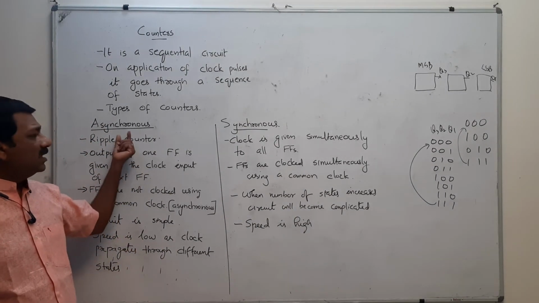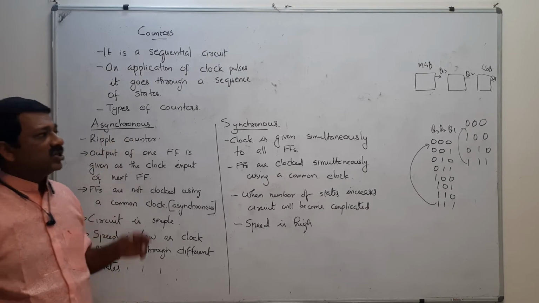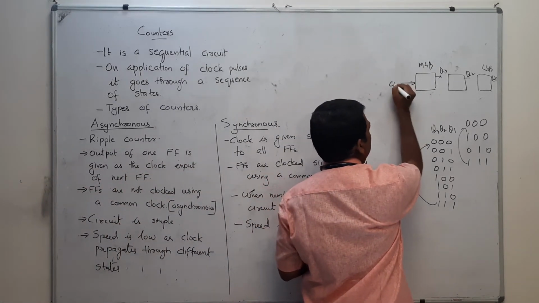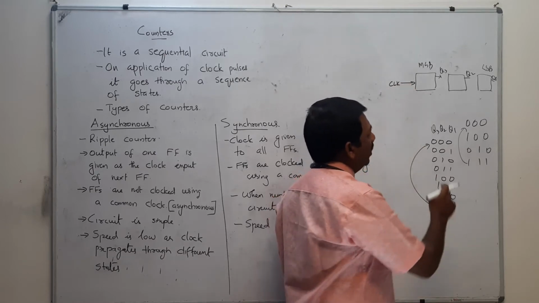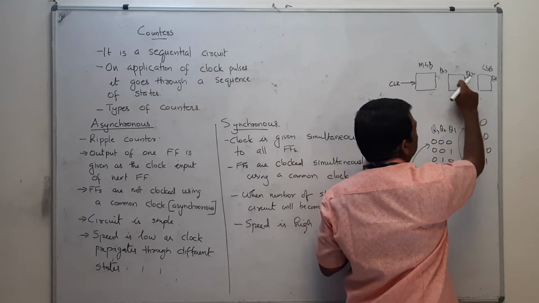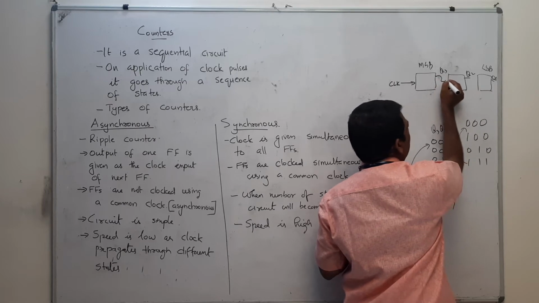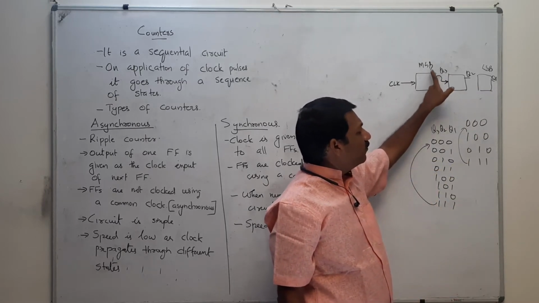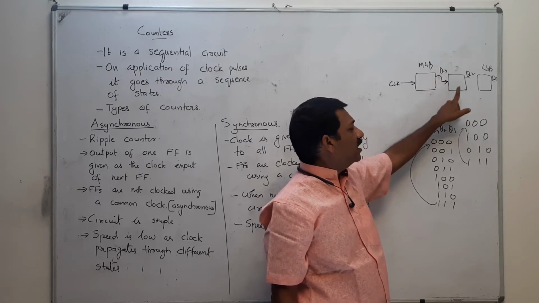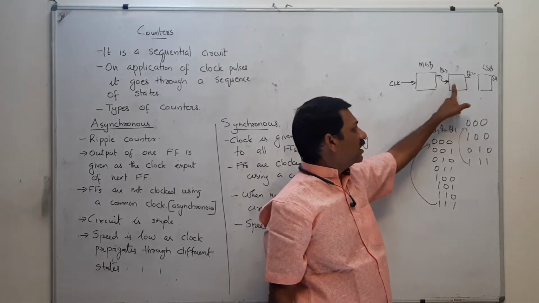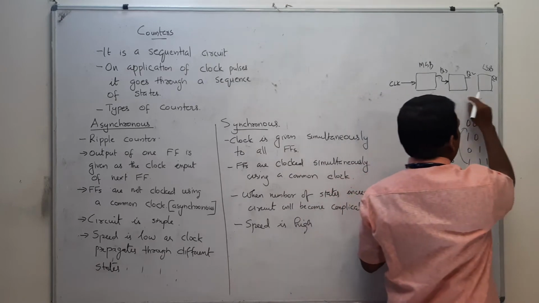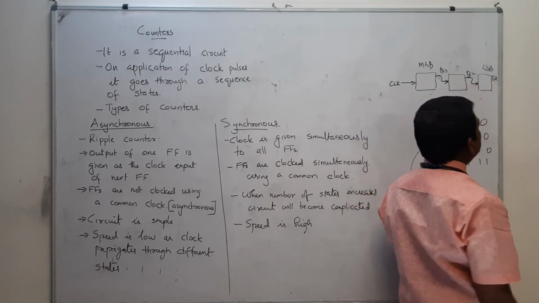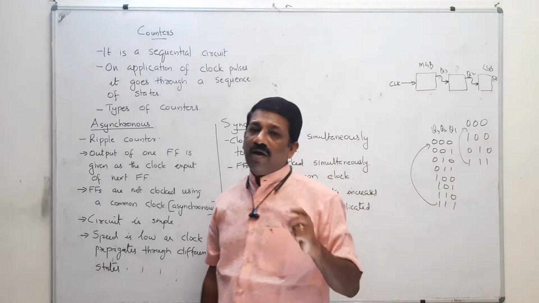But in an asynchronous counter, initially here we are going to have a clock pulse. Here clock is applied here, and the output of the first flip flop is given as the clock pulse of the second flip flop, and the output of that is fed to the third flip flop as its clock.